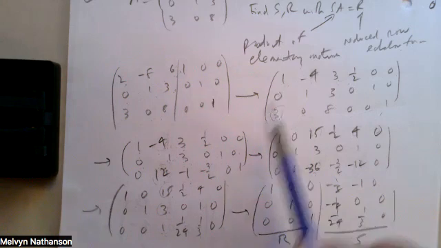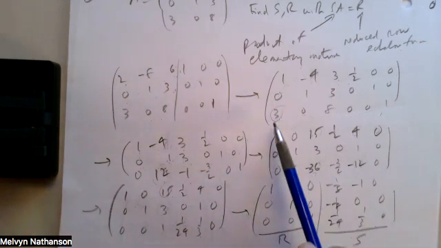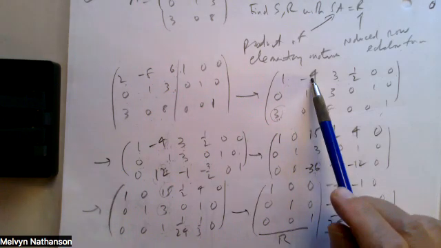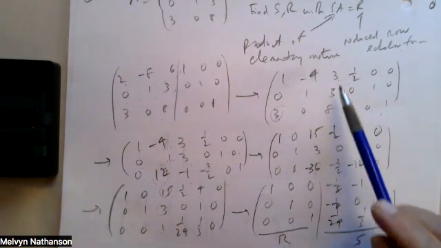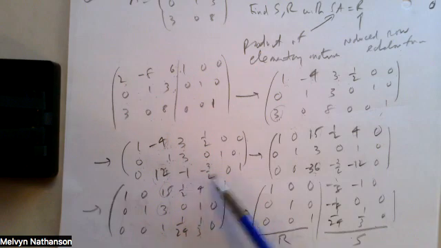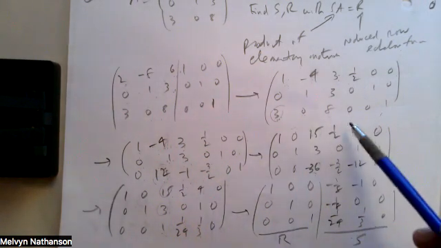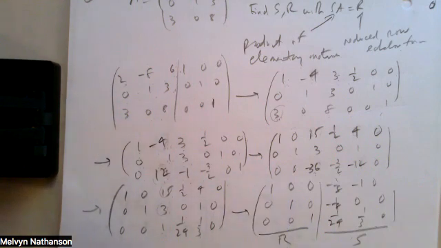So third row minus 3 times the first row. 3 minus 3 is 0, 0. 0 plus 12 is 12. 8 minus 9 is minus 1. 0 minus 3 halves is minus 3 halves, 0, 1. So this looks okay.